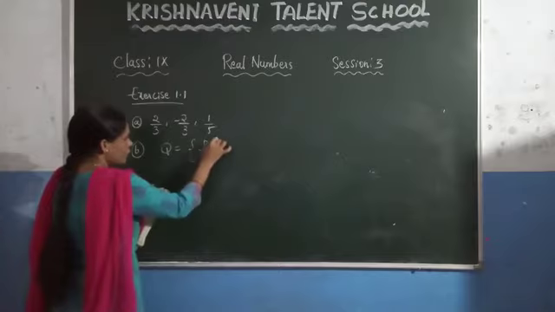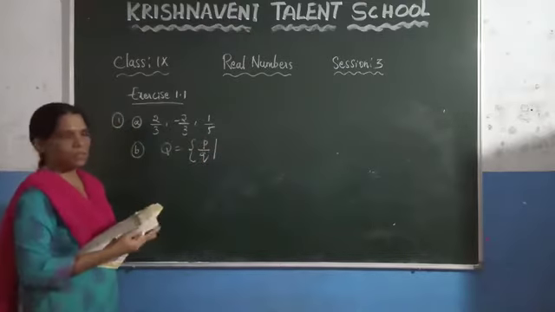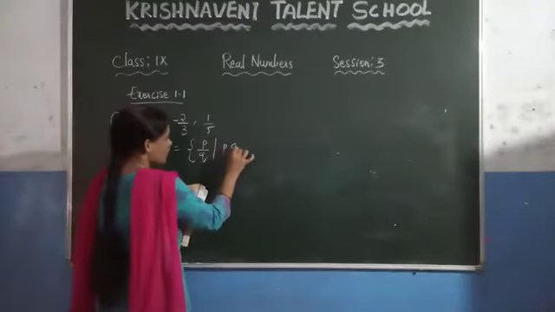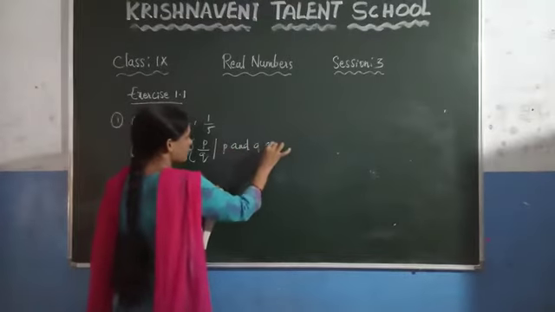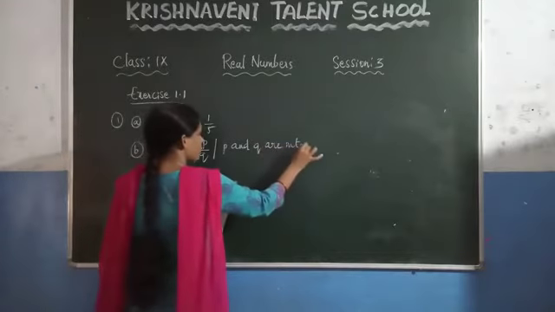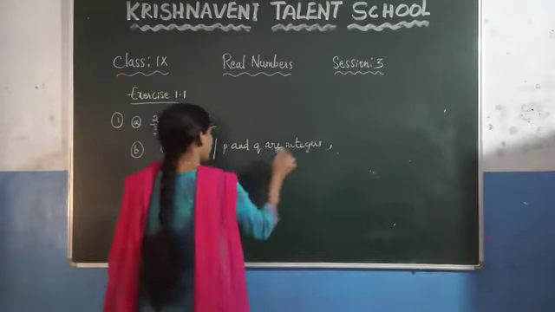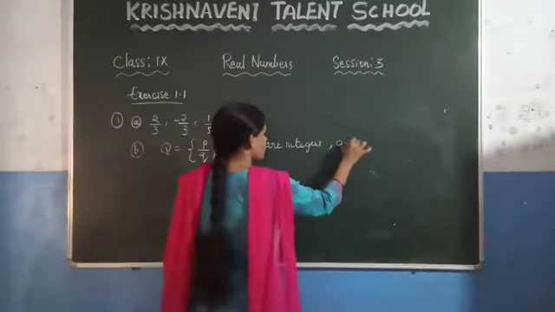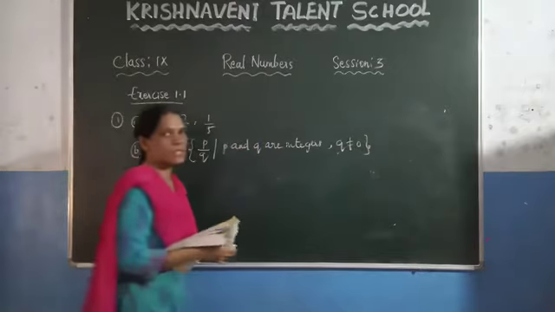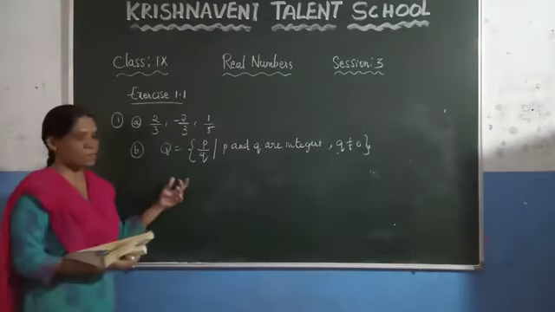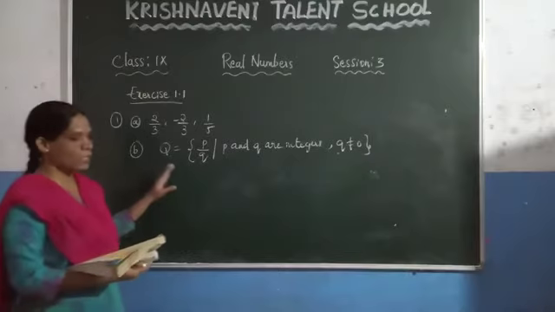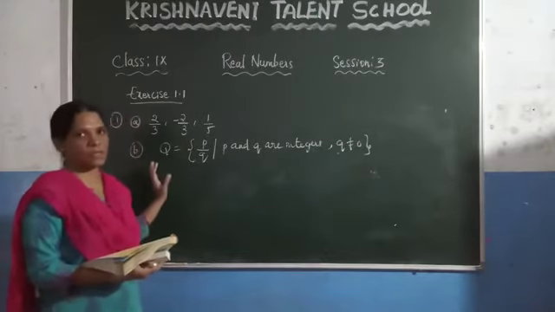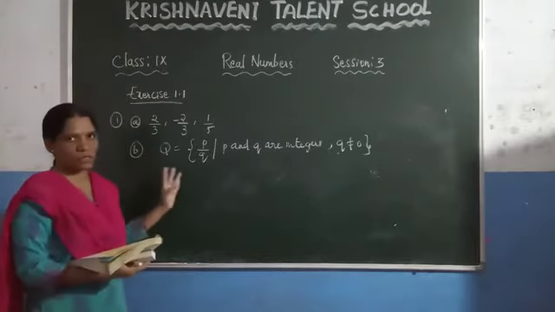We define: if P and Q are integers, we write this as a fraction P by Q. Here write it as P and Q are integers. And what will be the condition for the denominator? The Q should not be equal to 0. Like this we define. Or you can define the rational numbers in the other way. The numbers that are either terminating or non-terminating repeating decimals are called rational numbers. You can write it in any of the ways.